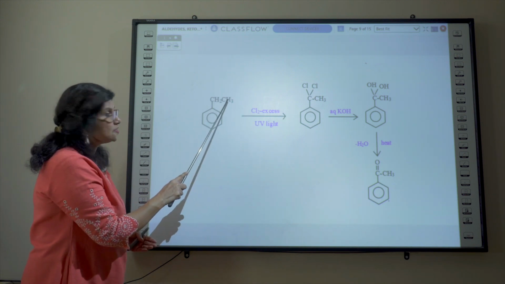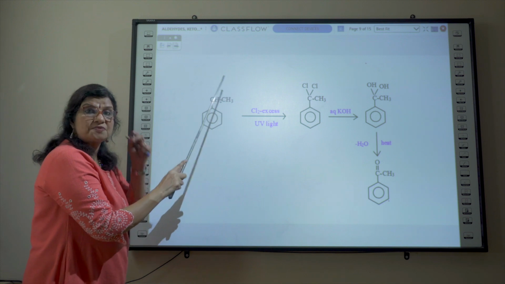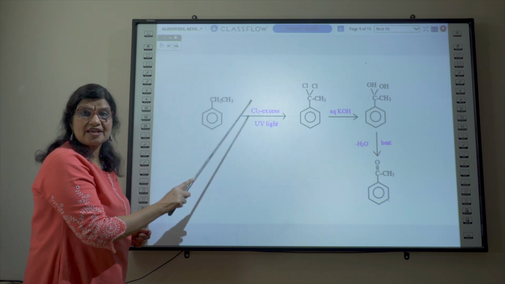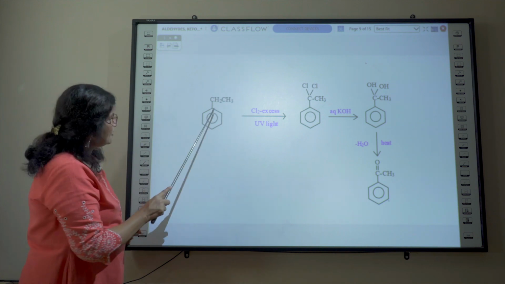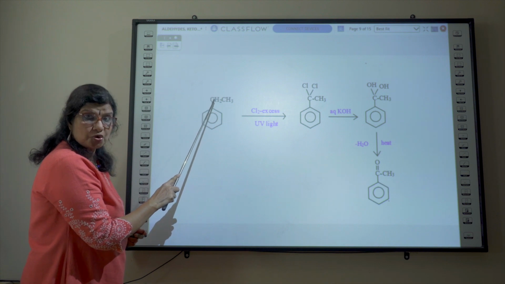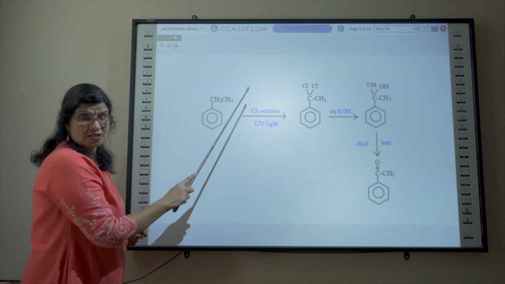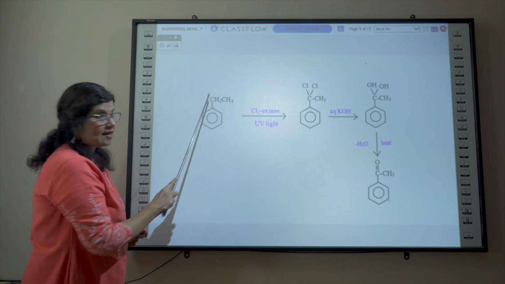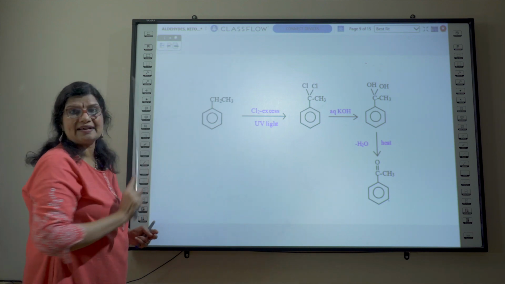So if one of the hydrogens of the methyl group is substituted by chlorine, you get a CH2 radical, a primary free radical. On the other hand, if any one of the hydrogens on this carbon atom is substituted by chlorine or is lost, you get a secondary free radical. More importantly, it is a benzyl free radical.